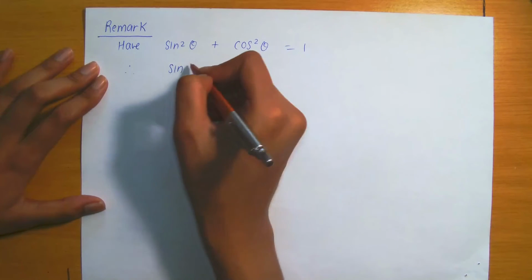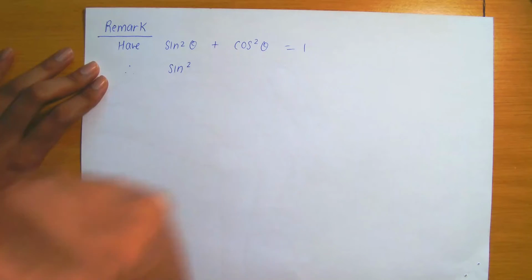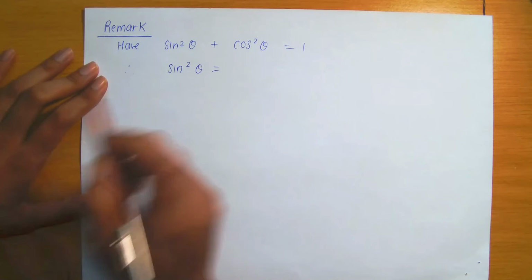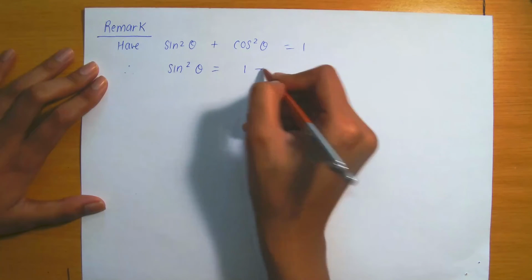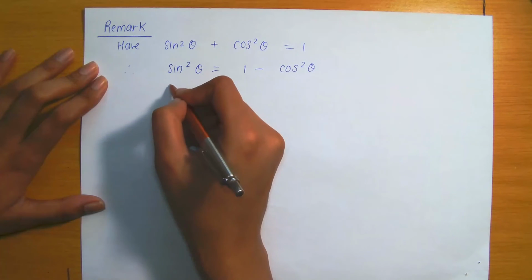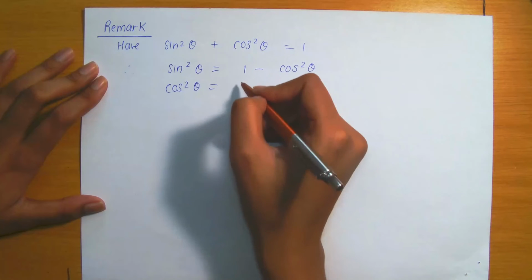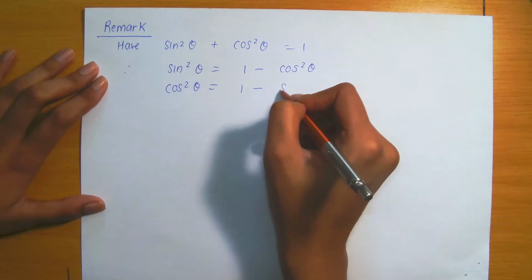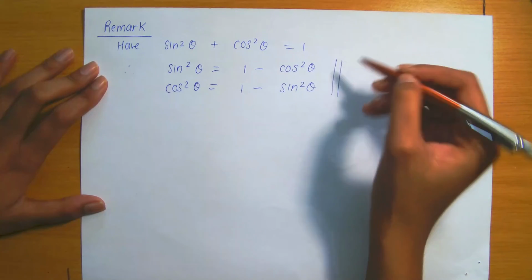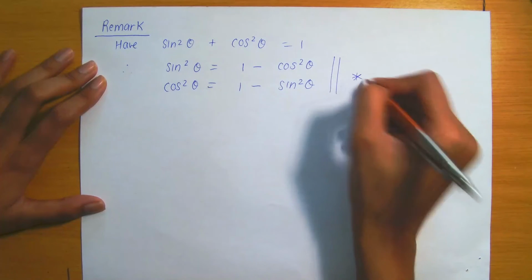If I wanted to make sine squared theta the subject of the formula, then sine squared theta is equal to 1 minus cos squared theta. And similarly, if I wanted to make cos squared theta the subject of the formula, then cos squared theta is equal to 1 minus sine squared theta. So these are two additional ways of rewriting the first trig identity, so remember that.